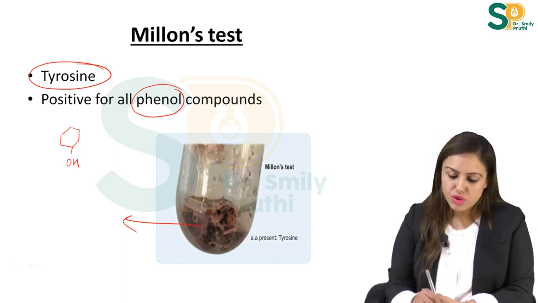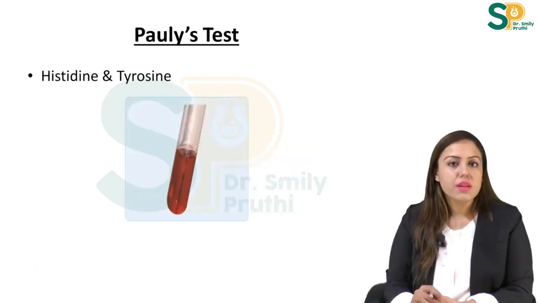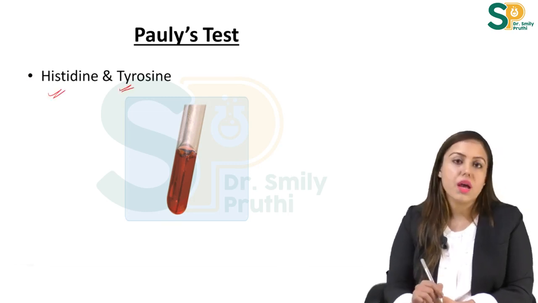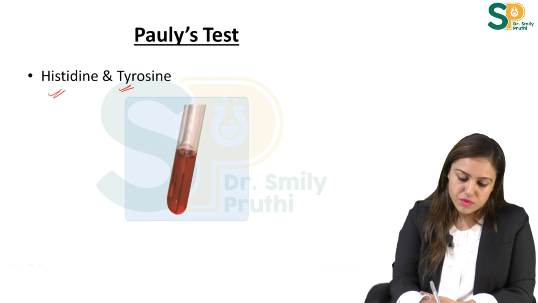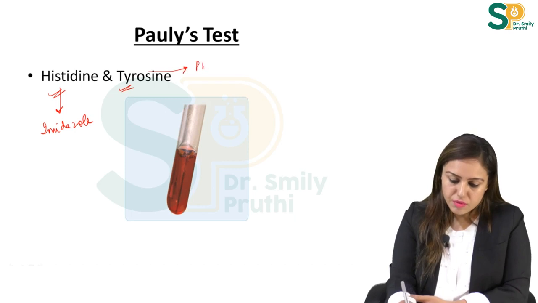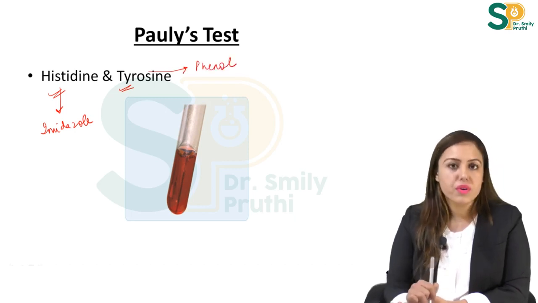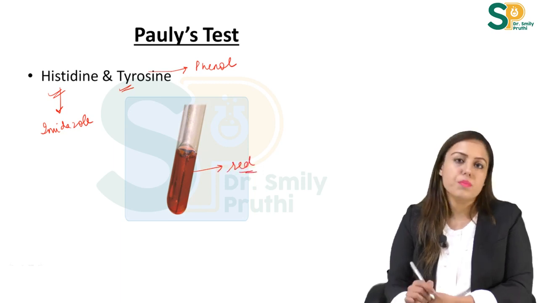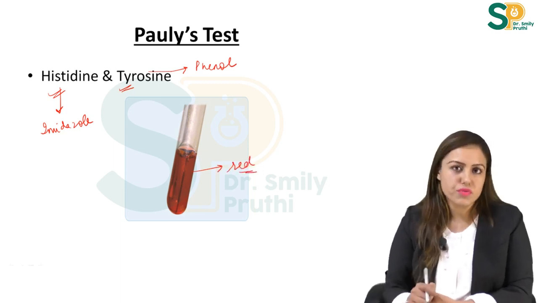So, done with Millon's. Next is Pauly's test, which is for the imidazole group of histidine and the phenol group of tyrosine, and this also gives a red color as a positive test.